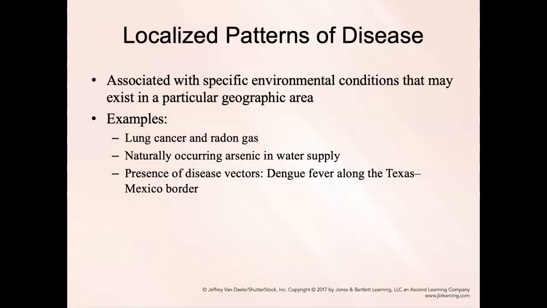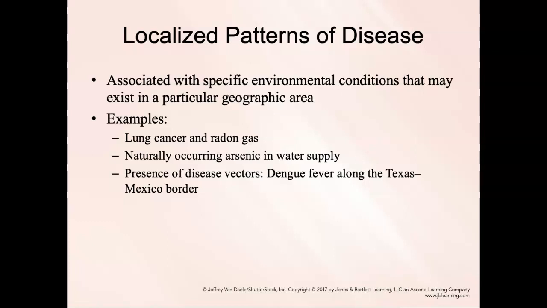There are also localized patterns of disease that can be associated with specific environmental conditions in a very specific geographic area. Your textbook talks about some examples of lung cancer and radon gas, naturally occurring arsenic in a water supply that can cause all kinds of health issues, different disease vectors.